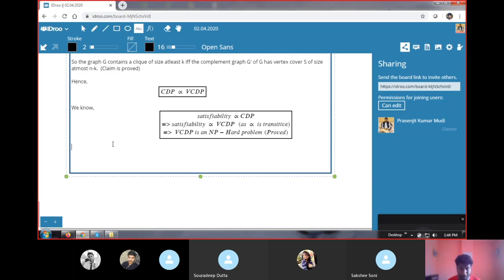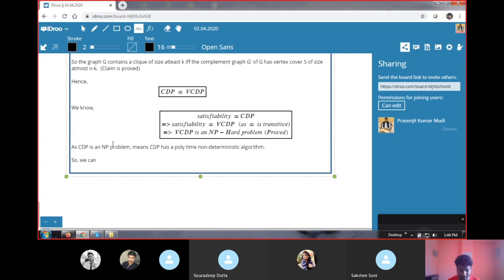And next, as CDP is an NP problem, means CDP has a polytime non-deterministic algorithm.